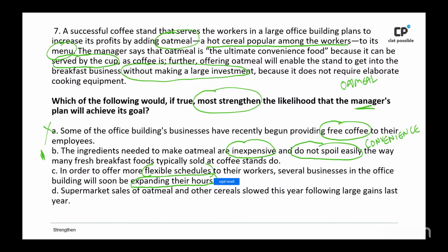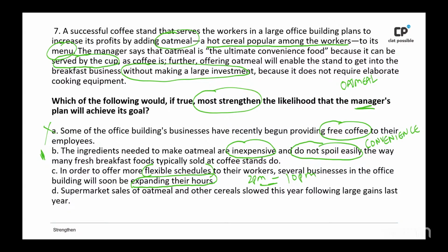What if flexible scheduling entails not calling people in the morning, which we discussed a little while ago, that they are allowing people to start at 2 p.m. and work till 10 p.m.? That's the kind of flexibility maybe they are pointing out. In that case, not many people will turn up for breakfast, right? So in that case, it might just hamper the plan, right?